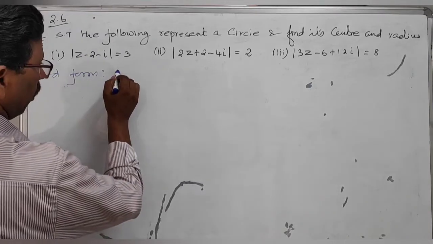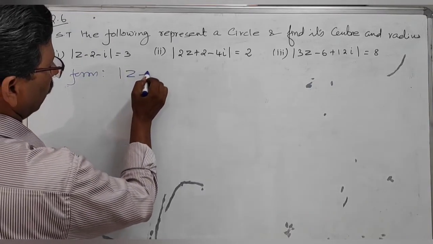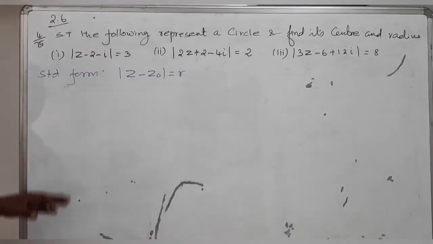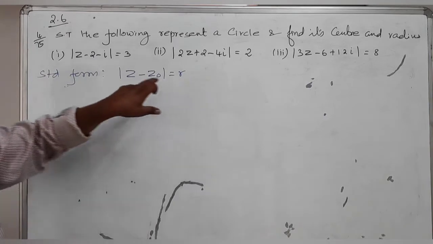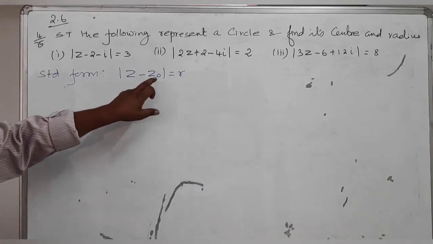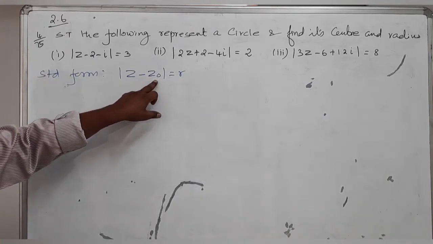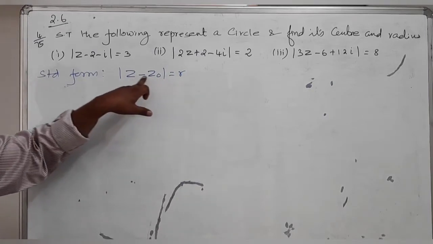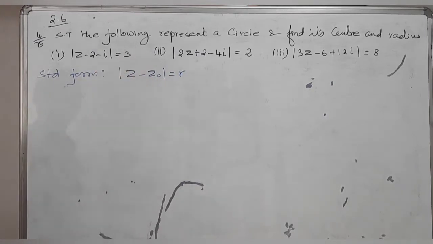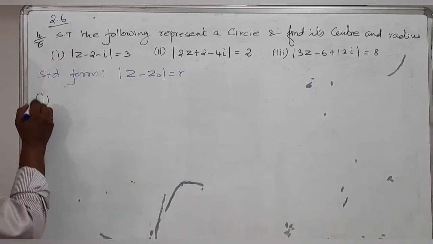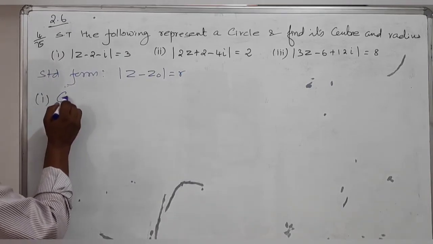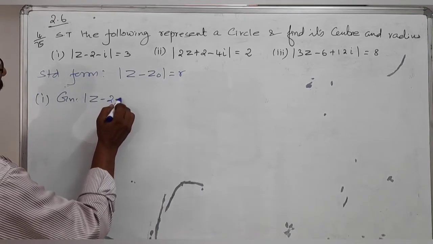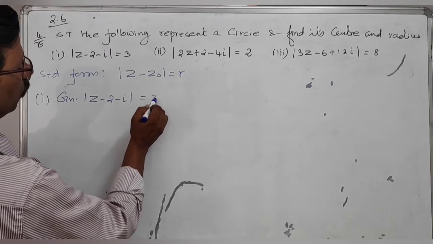Standard form is modulus of z minus z0 is equal to r. Now we have to bring these three things into the standard form. Then we can identify the z0 as center and r as radius. The thing is z minus z0; you must have a minus sign between these two. Therefore, the first subdivision is given: modulus of z minus 2 minus i is equal to 3.